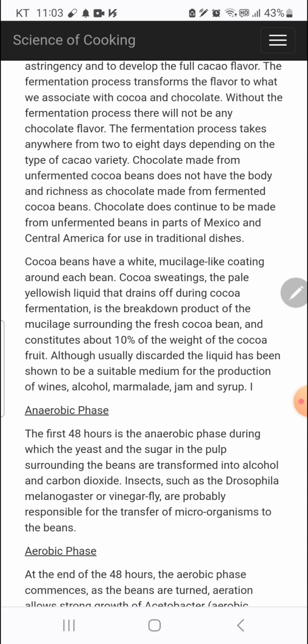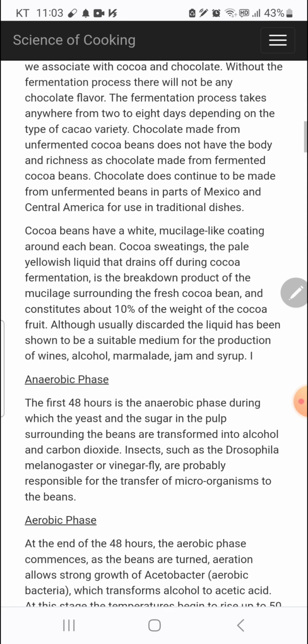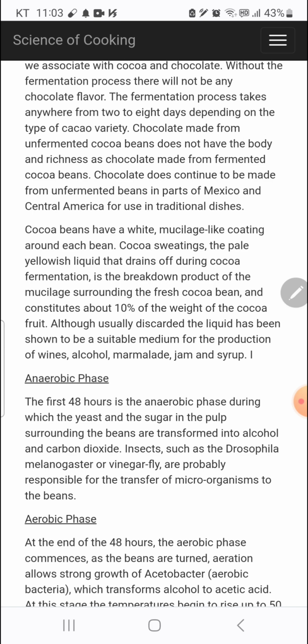The fermentation process takes anywhere from 2 to 8 days. Not long, from 2 to 8 days, depending on the type of cacao variety. Chocolate made from unfermented cocoa beans does not have the body and richness of chocolate made from fermented cocoa beans.